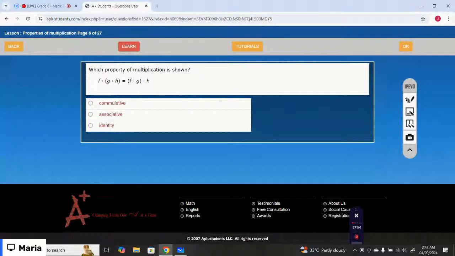That is the commutative property, right? No, sorry, associative property. Three numbers involved, so that is the associative property.